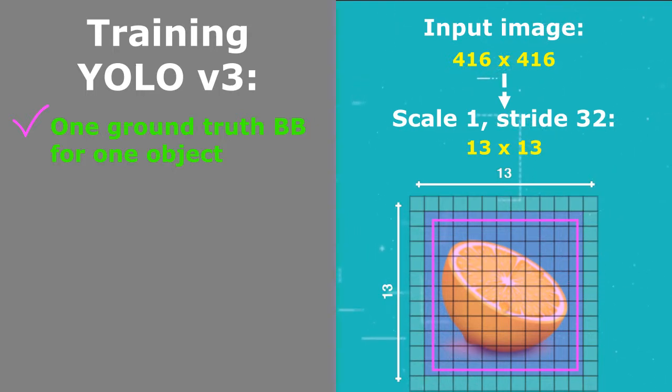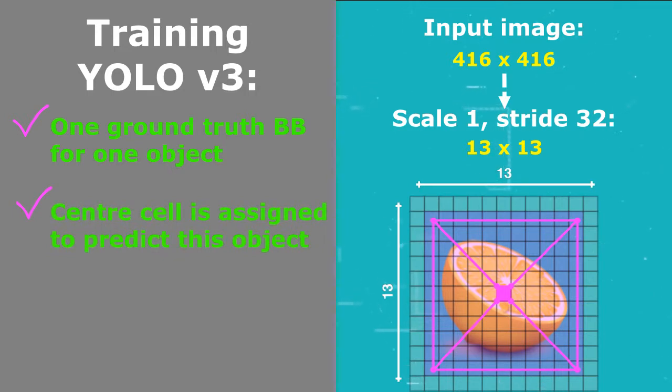When all cells that the ground truth bounding box belongs to are identified, the center cell is assigned by YOLO version 3 to be responsible for predicting this object. And the Objectness Score for this cell is equal to 1.